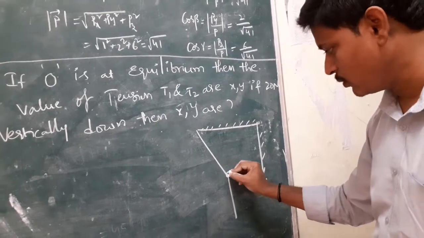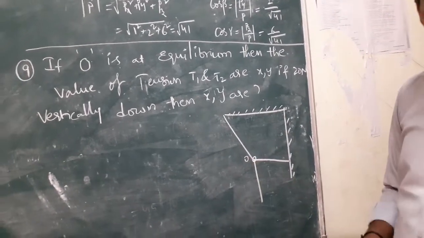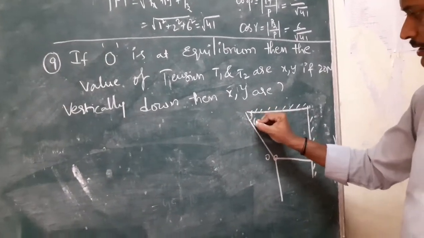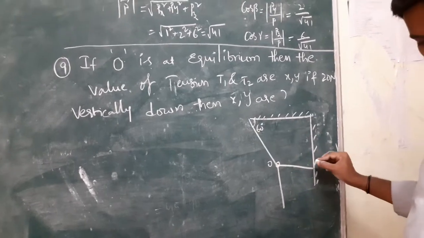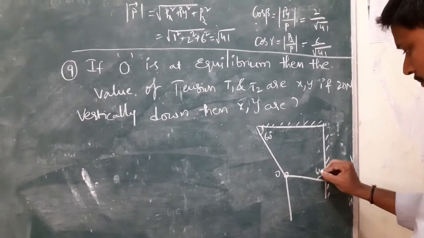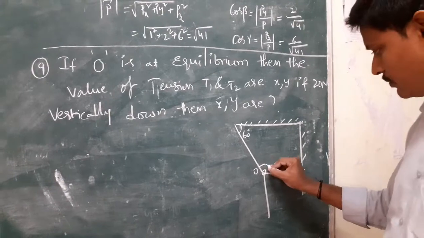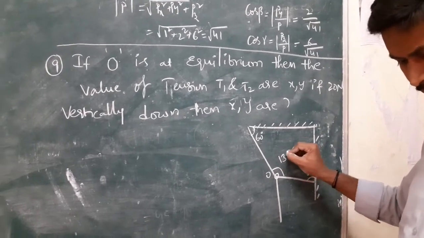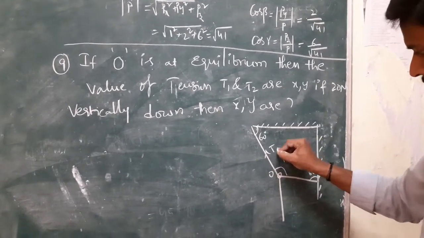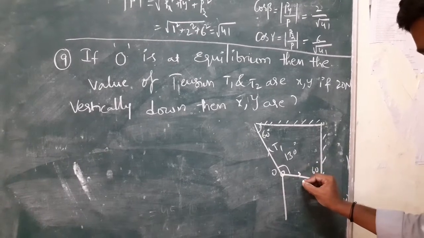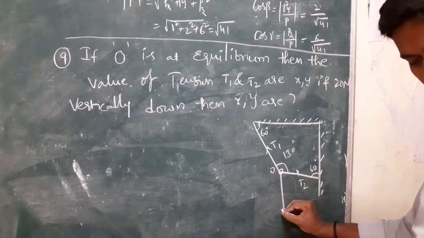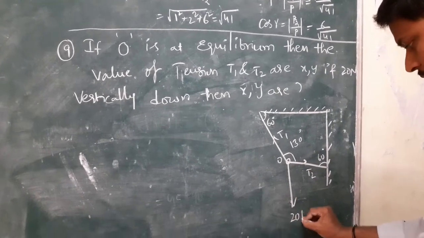This is point O, it is in equilibrium state. Here the angle is mentioned as 60 degree, and here also the angle is mentioned as 60. Here is tension T1, here tension T2, and here the weight is 20 newtons.